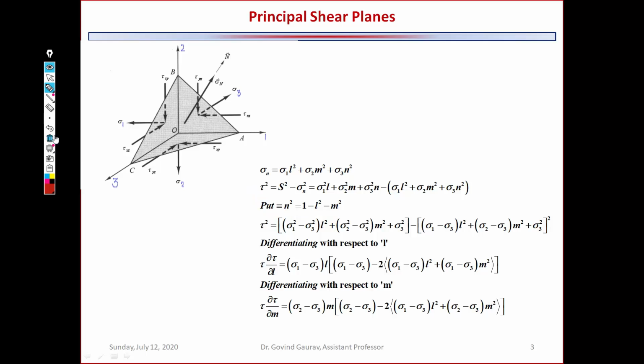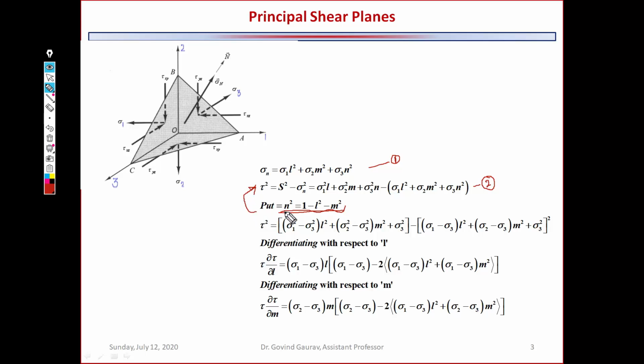As we are interested in calculating the principal shearing stresses, we need to put these values of the direction cosines in the governing equations. The governing equations are, first, the one to calculate the normal stress, and second, the one to calculate the shearing stresses. As we are interested in the maximum values of the shearing stresses, we will put the relationship between the direction cosines one by one in these equations.